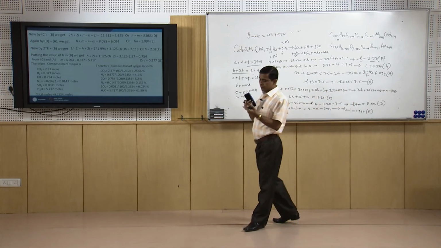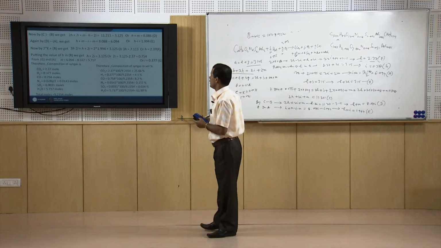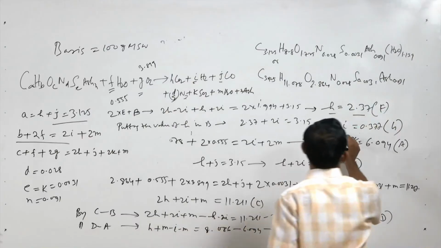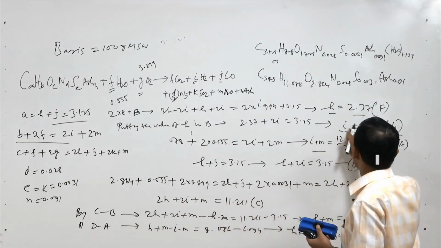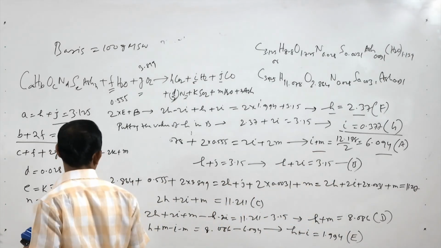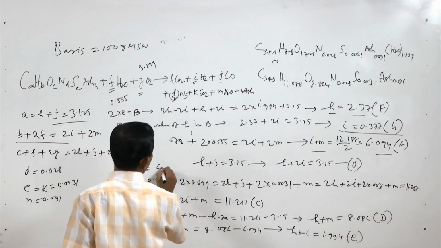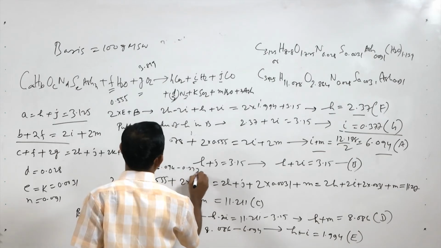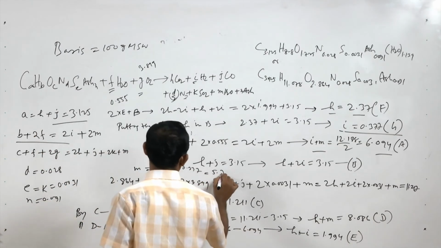Now we have got the value of I, we have got the value of H, now we need to get the value of M. So from expression G and from expression A, we will put the value of I here and we will get the value of M. So M is equal to 6.094 minus 0.337, it is coming 5.717.